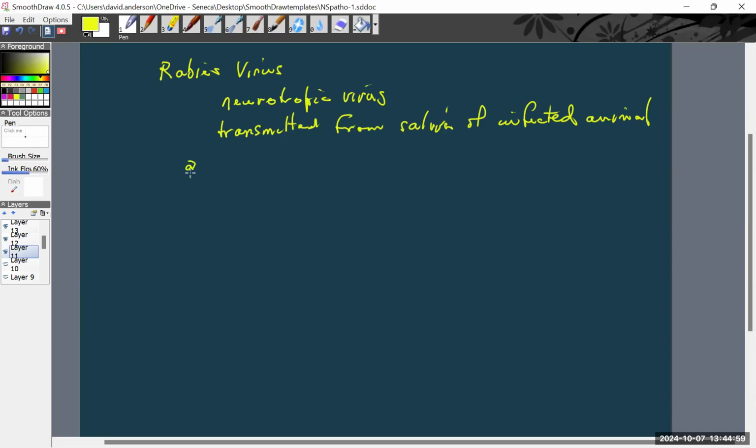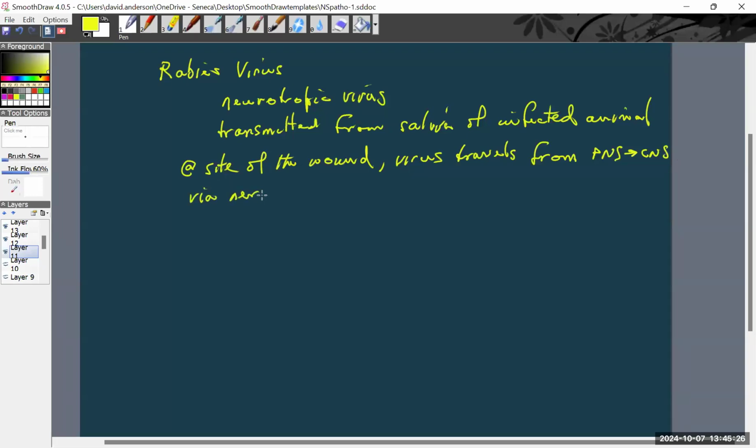So basically, we get transmission from saliva of an infected animal. And at the site of the wound, or really from the site of the wound, the virus is able to travel from the peripheral nervous system into the central nervous system via nerve tracts.